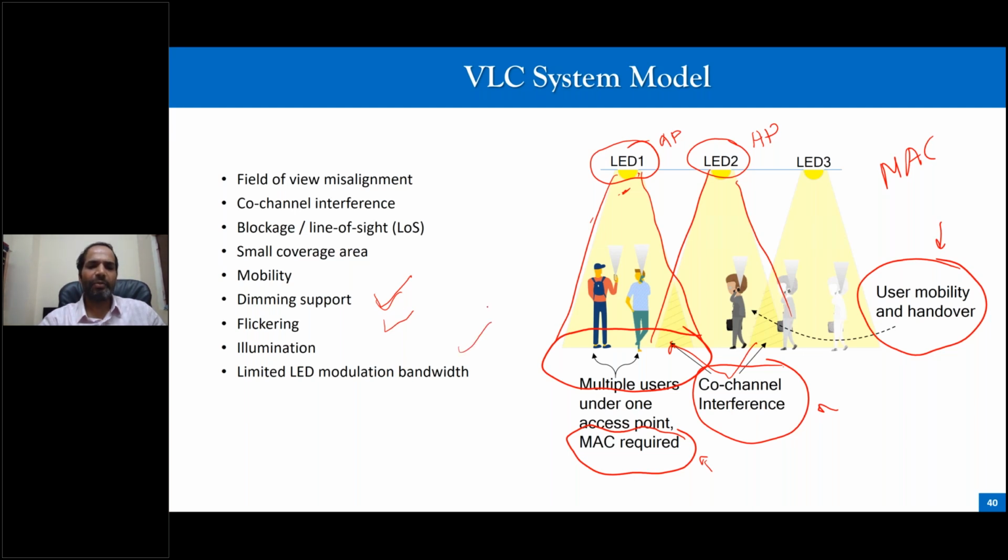We have to maintain illumination. We have to work over the limited modulation bandwidth of LEDs. We have to look at mobility and small coverage area. There might be some blockages, right? Because it's basically line of sight communication. We have to take care of co-channel interference and field of view misalignment. Sometimes you may get out of the cell.